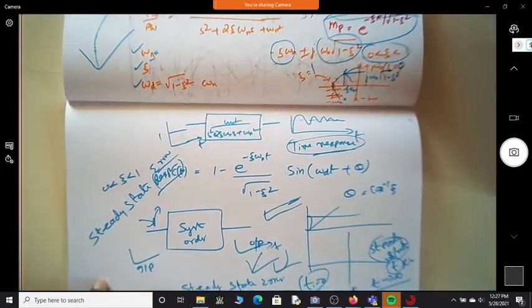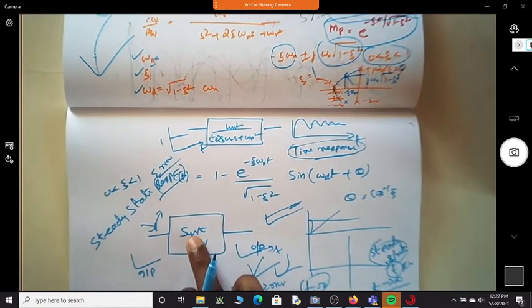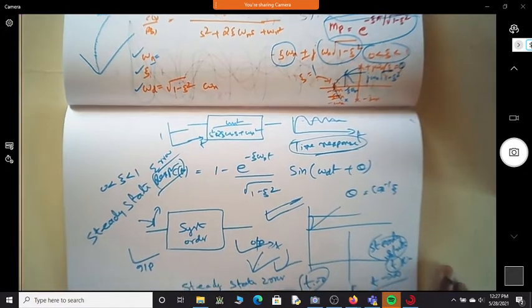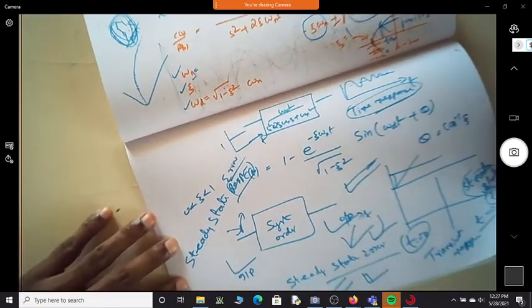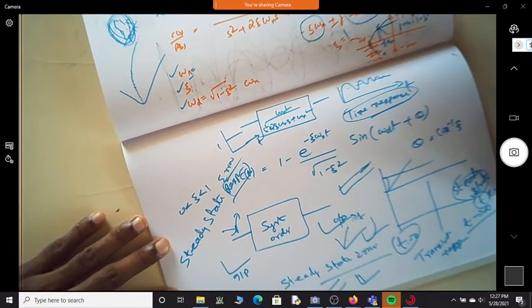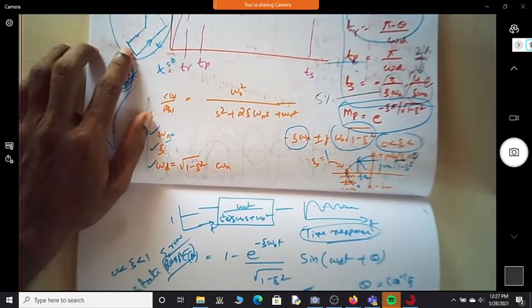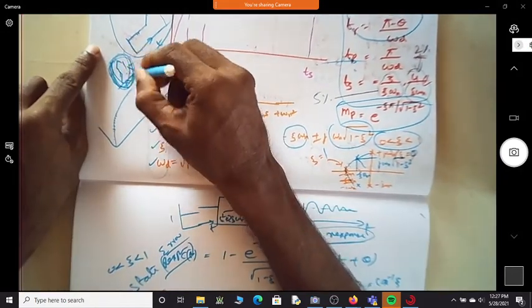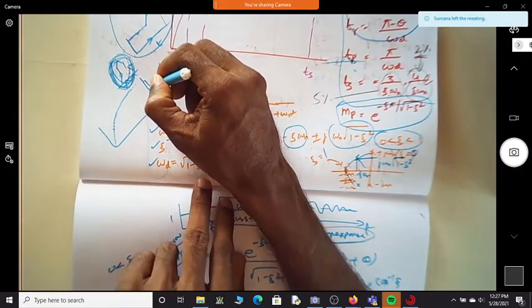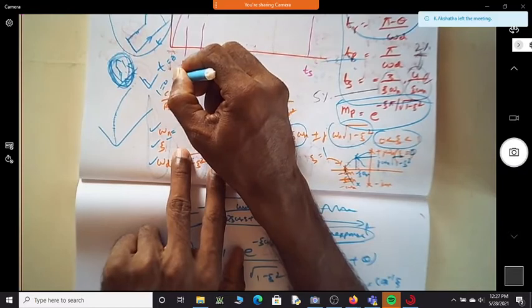So let us try to understand how we estimate the steady state error of a system for these types of inputs. These are all called standard inputs. What are the standard inputs we have? Unit impulse, or ramp. Of course, we will take impulse out, because we may not give impulse as a standard test input. You cannot give infinite magnitude at t equal to 0 and 0 at other places.